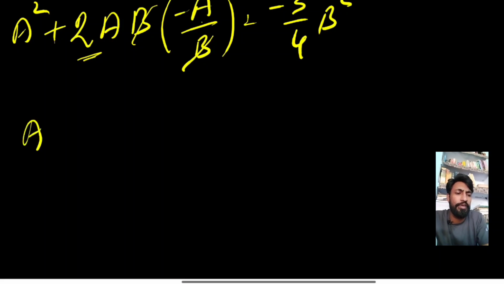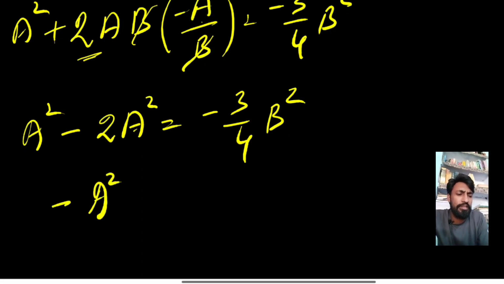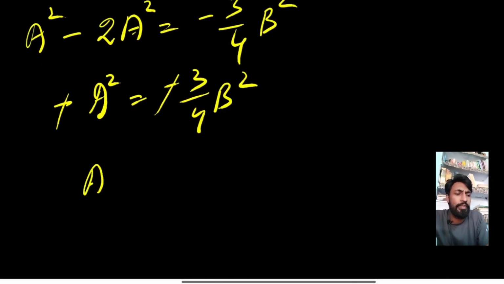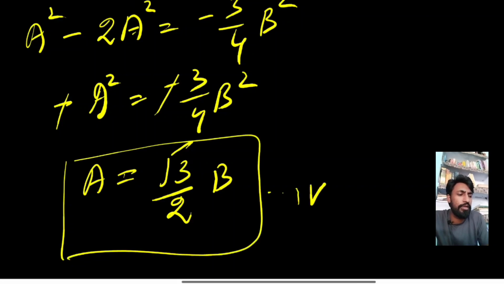So A squared minus 2A squared is negative A squared, equals negative 3 by 4 B squared. The negatives get cancelled out, and here we get A is equal to root 3 by 2 times B. This is equation number 4, or I think it is 5th.